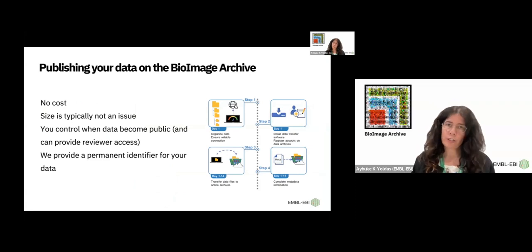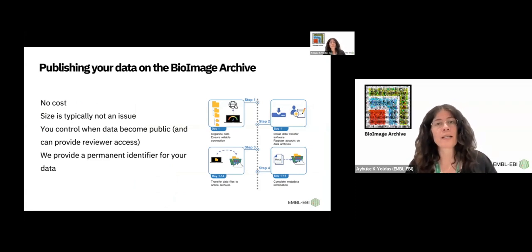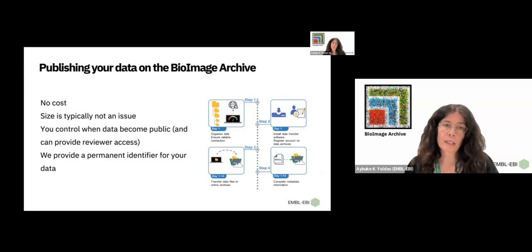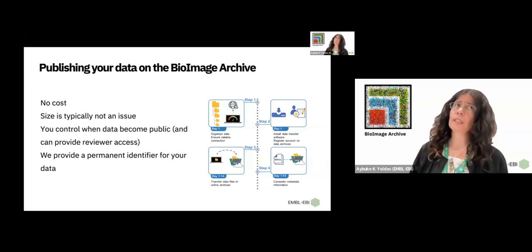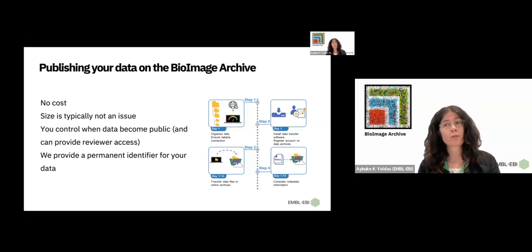In terms of publishing your data in the BioImage Archive, as with any other EBI resource, we are a free public archive, so there is no cost. Size is typically not an issue. You can have huge data sets, and that is fine as long as they are associated with a publication or have a value in themselves, such as a very commonly used training data set.